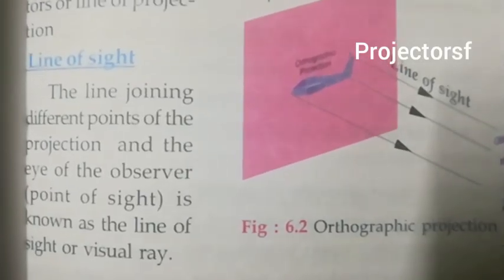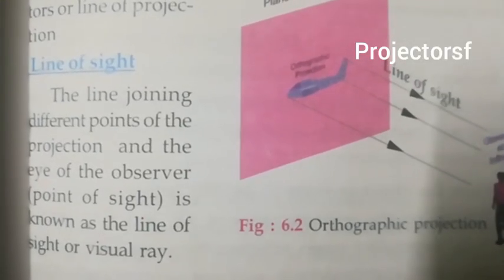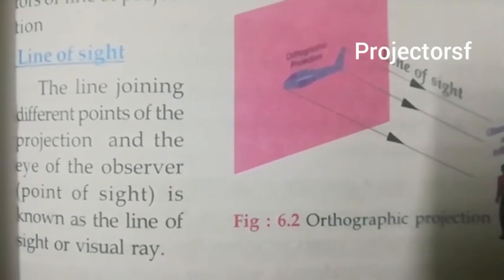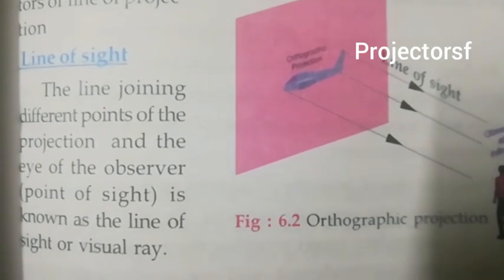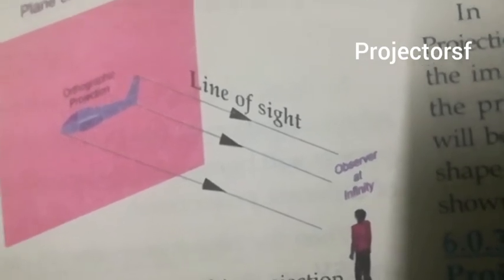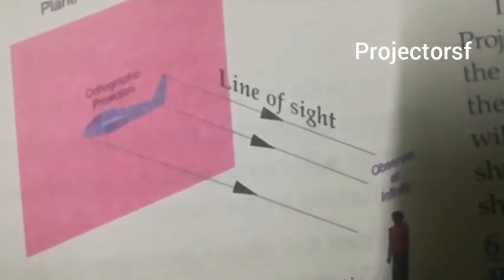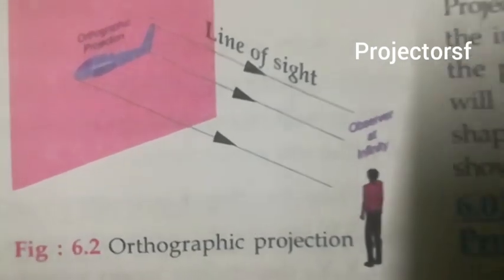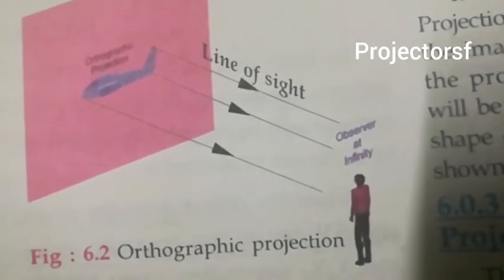Line of sight: the line joining different points of the projection and the eye of the observer is known as the line of sight or visual ray. See, the observer is assumed to be remaining at infinity. What we see is the front view, orthographic projection. A line of sight joins different points of the projection with the observer's eye. Observer is assumed to be situated at infinity.